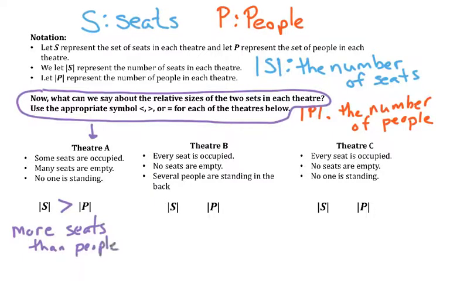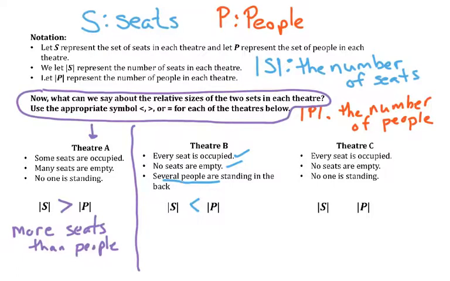I hope that makes sense. Now let's look at theater B. Every seat is occupied, no seat is empty, and in addition, there's some people standing up in the back. So there isn't a seat for everyone. There are more people than seats. So this is just the number of seats is less than the number of people.